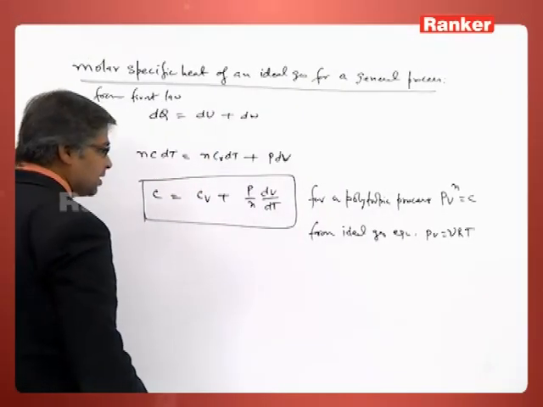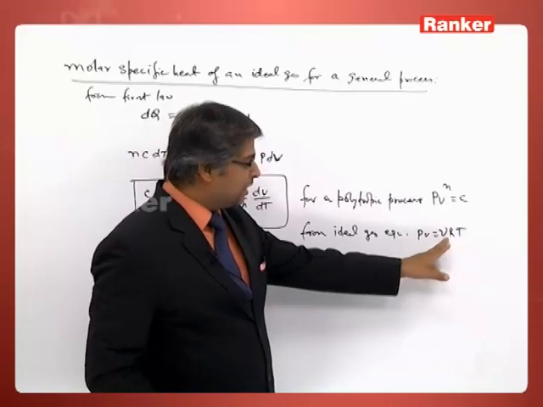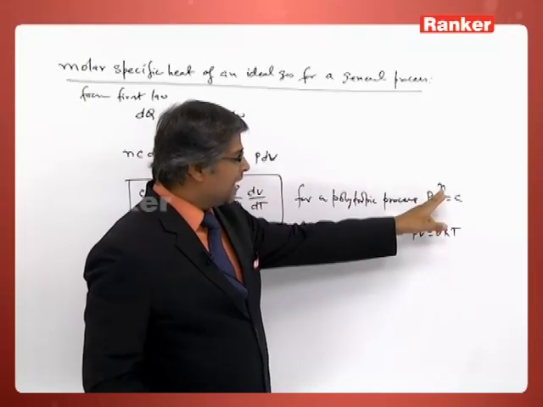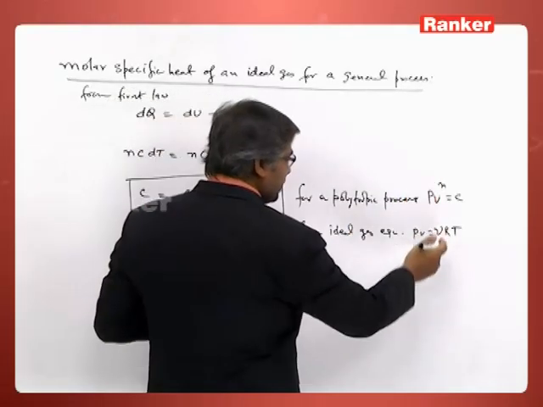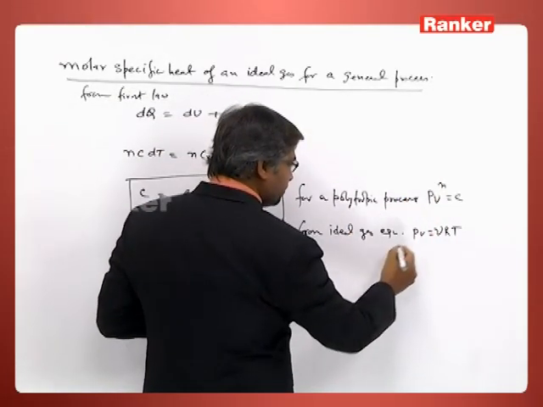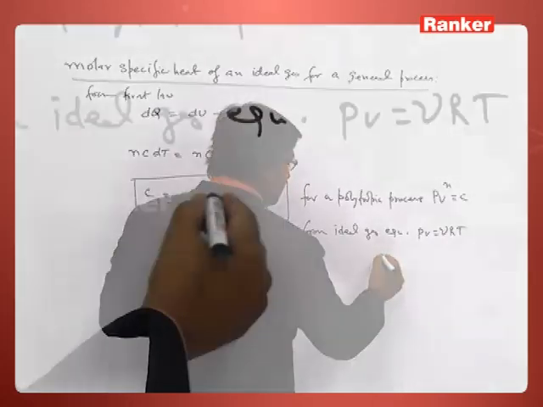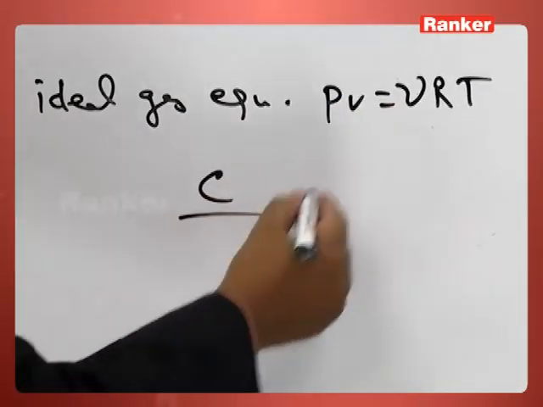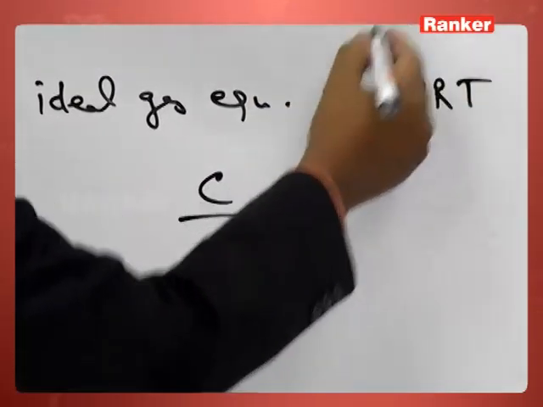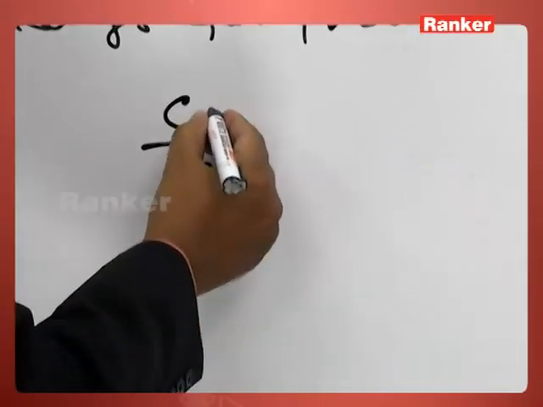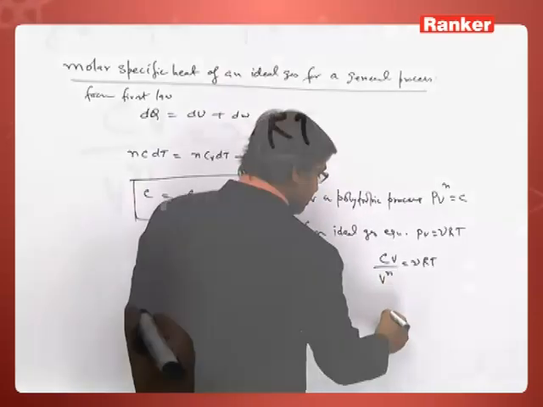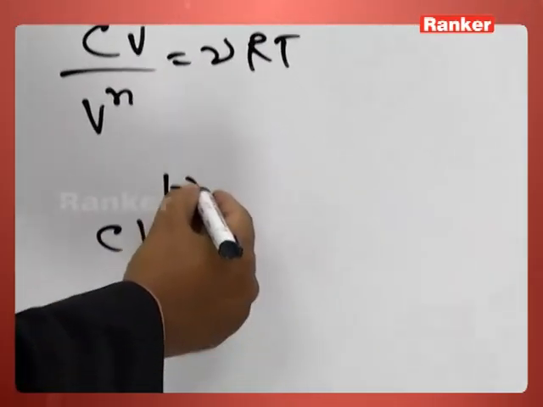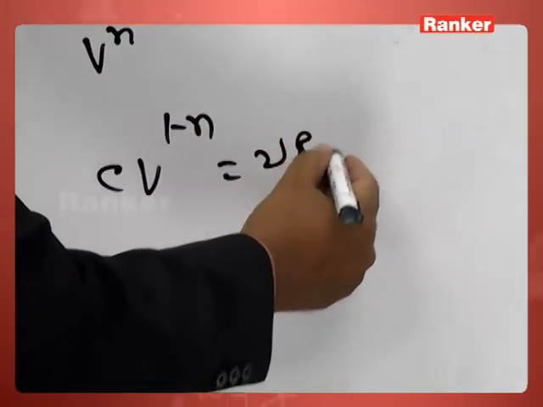Where nu is the number of moles and this n is the power. So here we put P is equal to C by V to the power n, into V is equal to nu RT, which is again C V to the power 1 minus n is equal to nu RT.